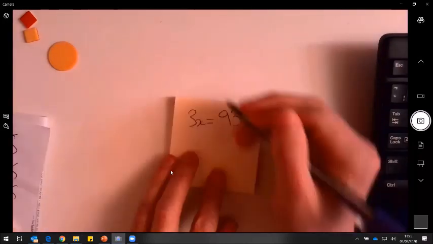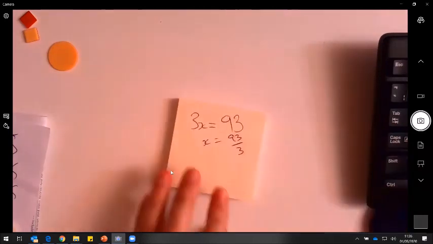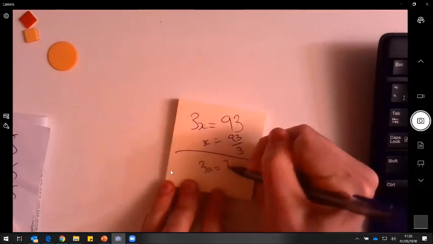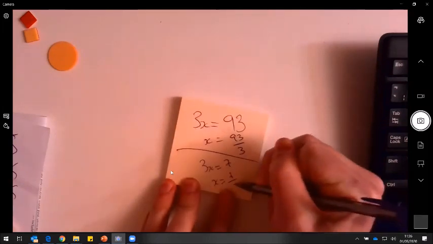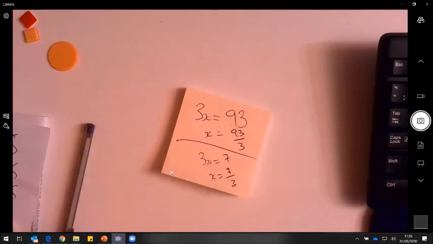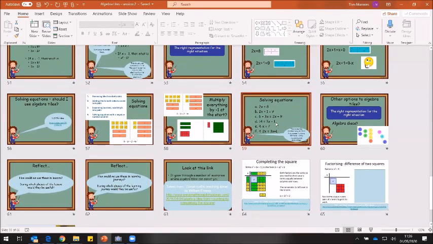When you're doing the same to both sides, actually, this is an opportunity maybe to show 93 over 3. And so if I was then doing, let's say, 3x equals 7, x equals 7 over 3. And that wonderful reminder that you can have a fraction answer. You don't have to find out what 7 over 3 is. 7 over 3 is a number that we can use. We don't have to have the decimal answer. A huge misconception we seem to allow our pupils to get.